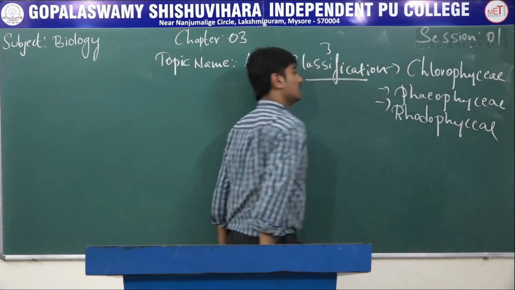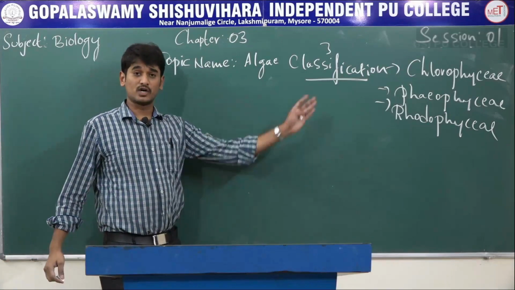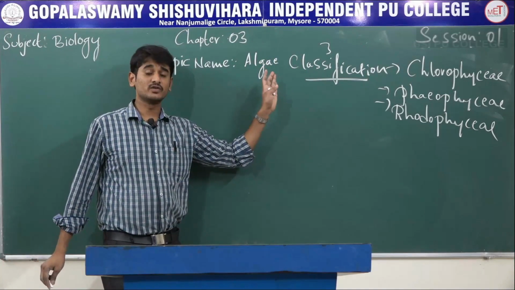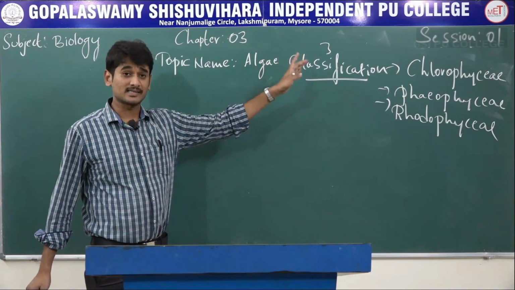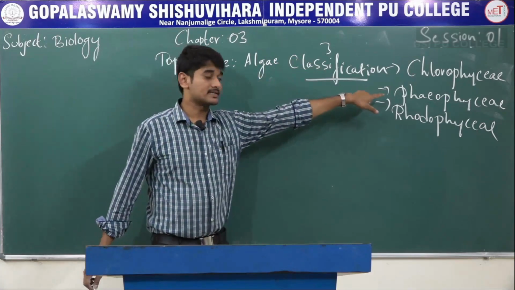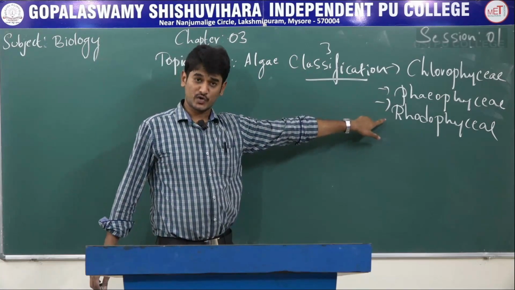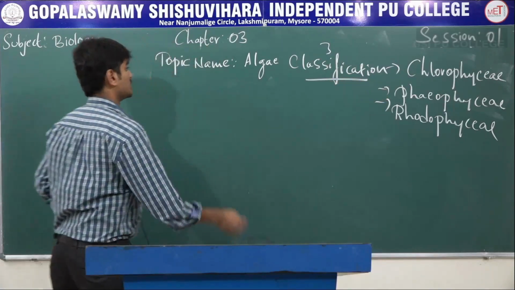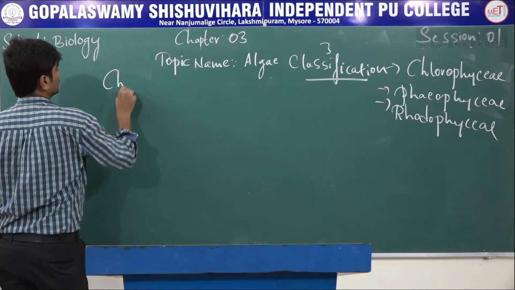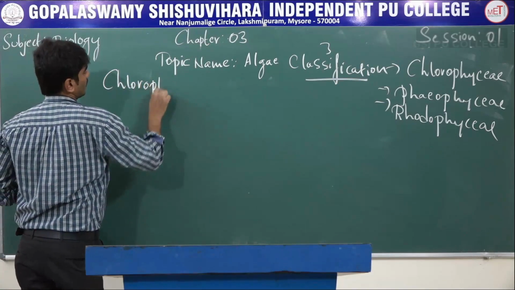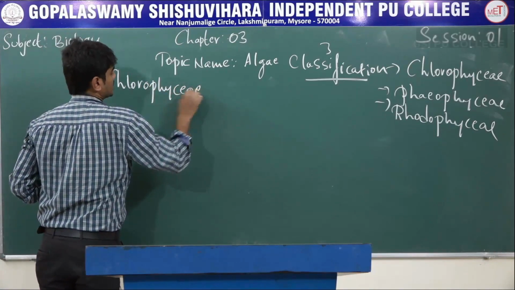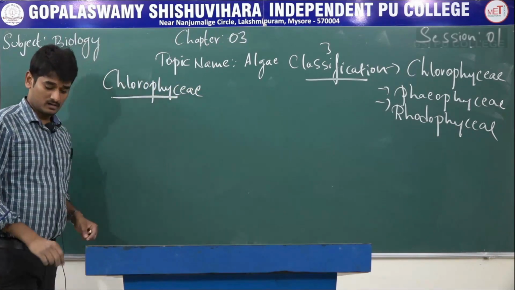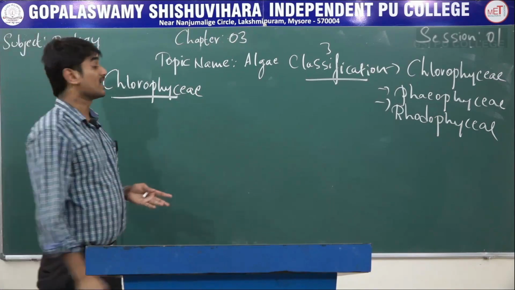So these are all the classes of algae. The first one is Chlorophyceae, commonly called green algae.